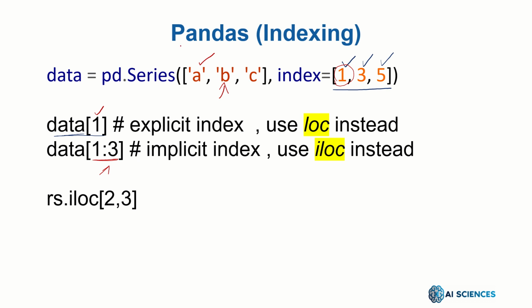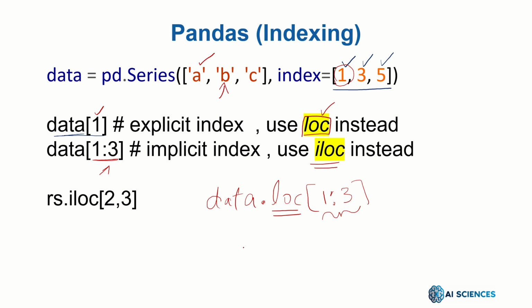To handle that, Pandas gives you two kinds of functions. One function is called loc, or location. Whenever you call this function, that means you're using explicit index. For example, data.loc and then you say 1:3. That means use explicit indices for sure.